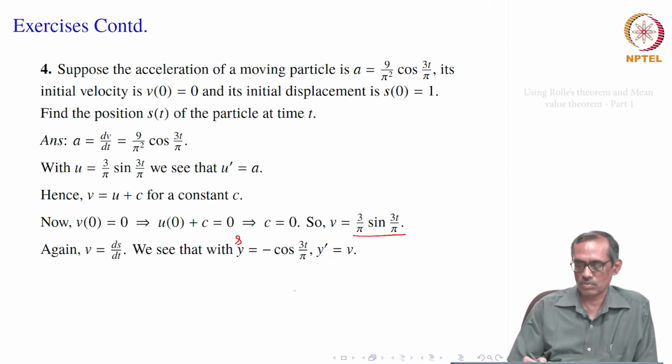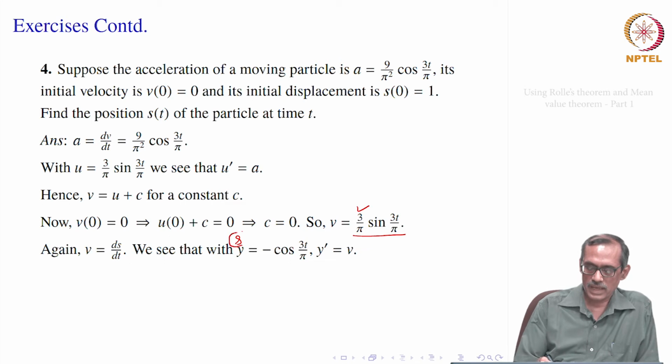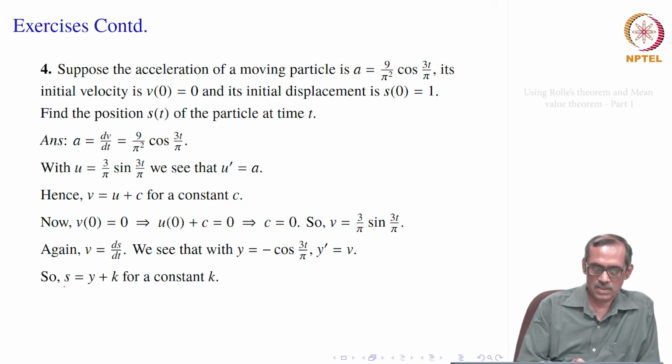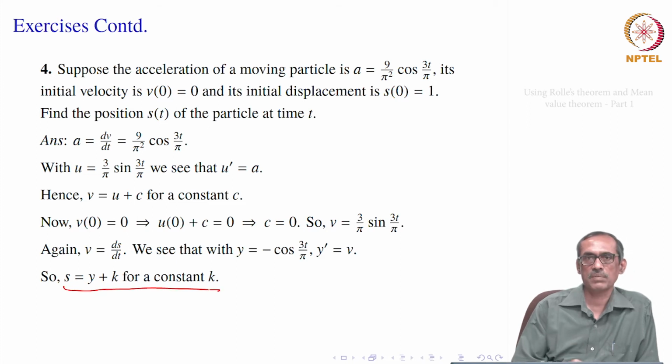That is clear: minus cosine 3t by pi, you differentiate, it gives sin 3t by pi times the derivative of 3t by pi with respect to t, that gives 3 by pi. So, it is v. So, that means y prime equal to v, where y equals this. Therefore, y can differ from s by a constant. So, s must be equal to y plus k for some constant k.